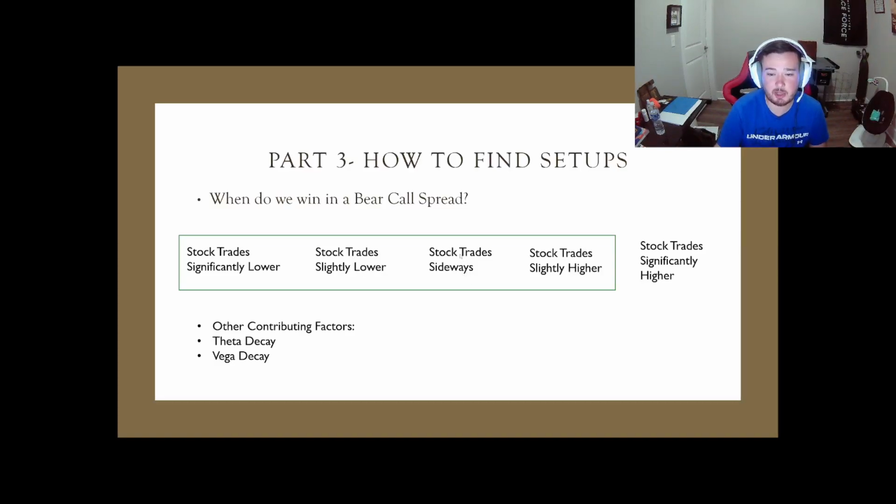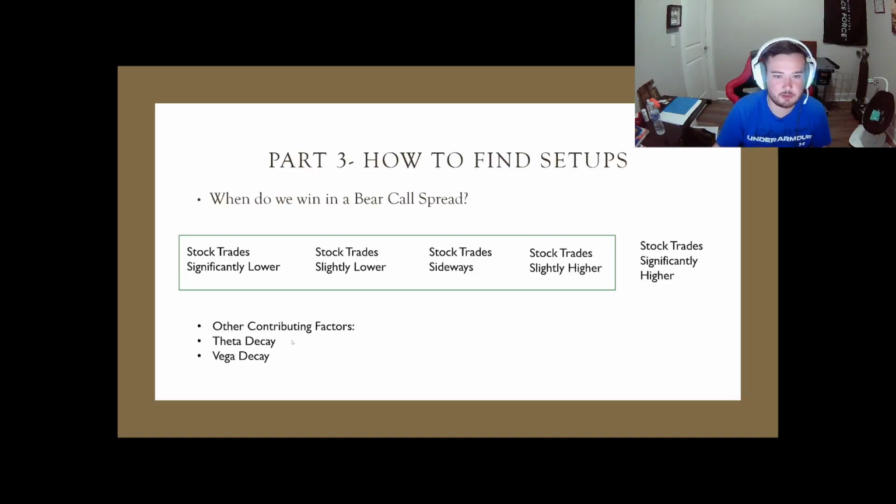If the stock trades sideways, we may not be able to close the trade early, but as we get closer to that expiration, we are going to be in a winning scenario. And then if the stock trades slightly higher, this is one of those scenarios where you're going to have a little bit of a nail biter, but in the grand scheme of things, you're still going to make money, right? Because if the stock trades slightly higher, but it's still underneath your strike on your short leg of your spread, then you're still going to make money when it expires worthless.